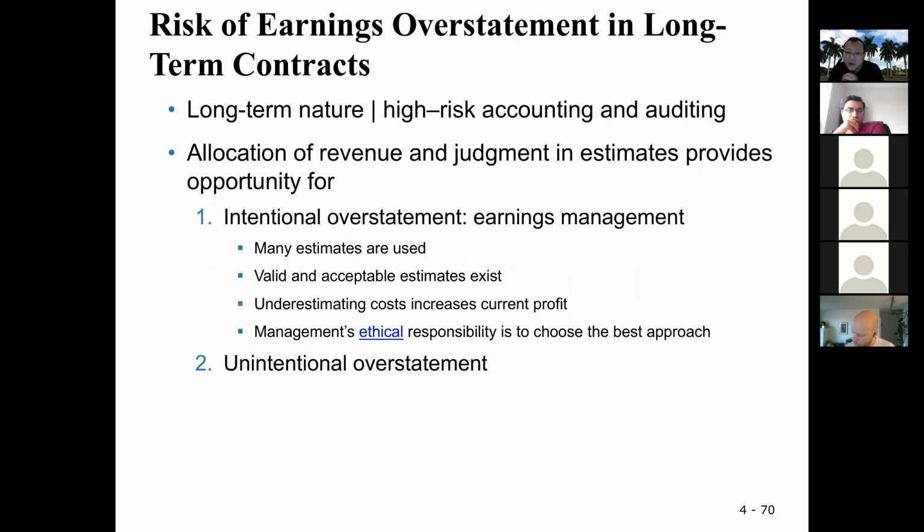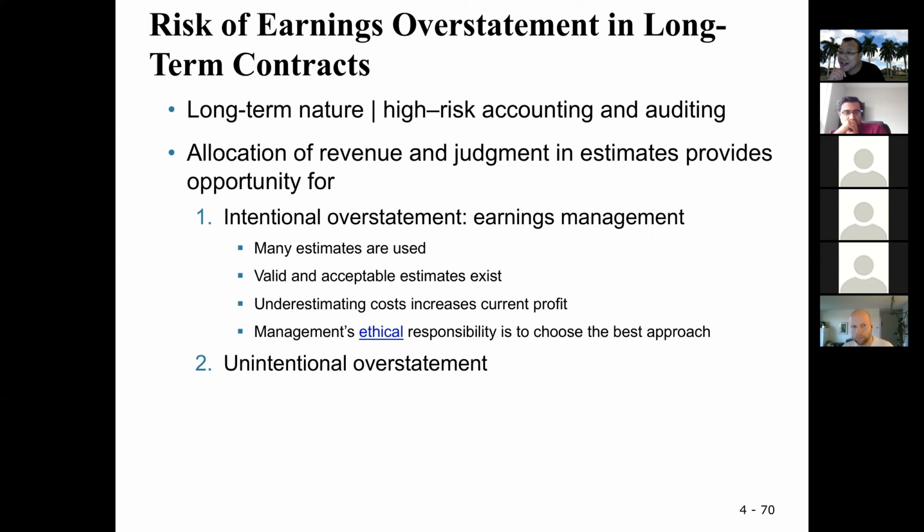For intentional overstatement, there is estimation involved, such as the percentage of completion and how much cost you will need to complete the project. This is all about estimation. So when estimation is involved, the manager can take advantage of this to manipulate the earnings.